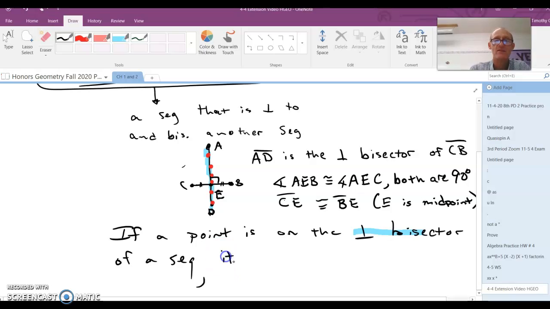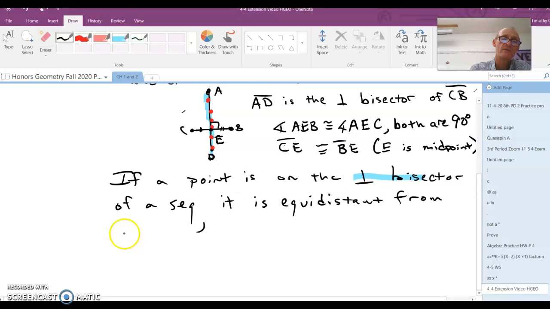It is equidistant from any point, not any point, but any point on the perpendicular bisector is equidistant from the endpoints of that segment.